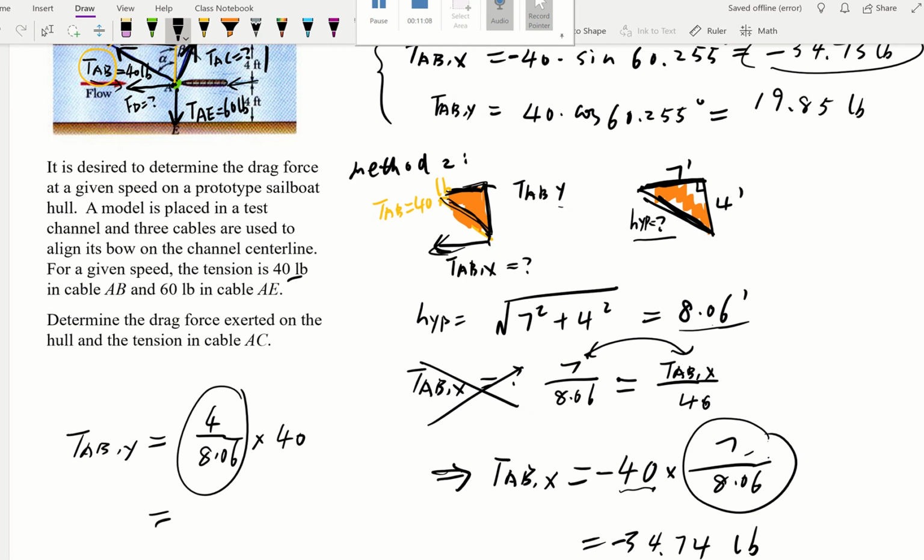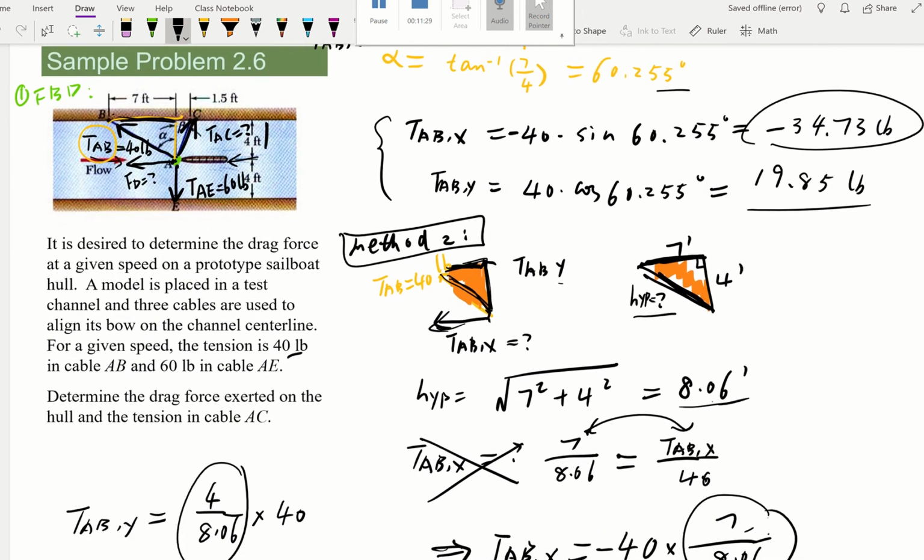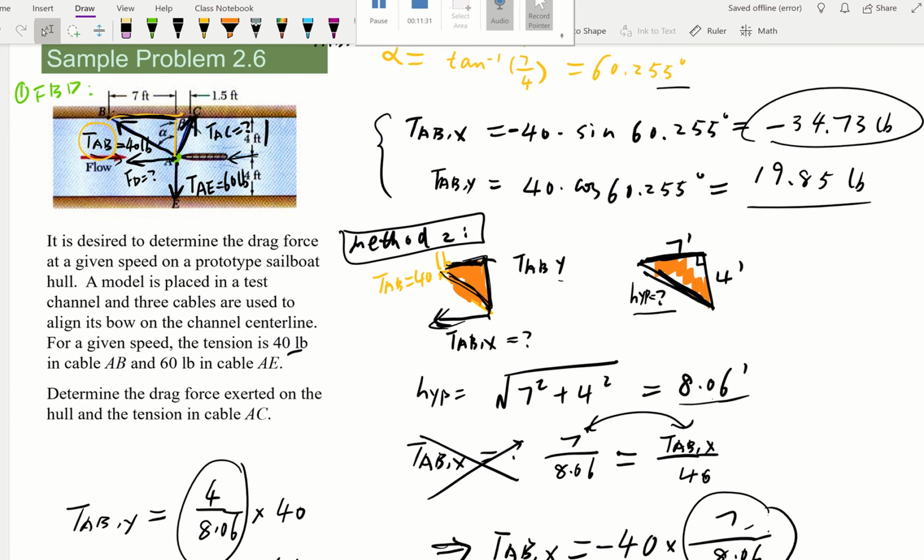Then you see how quickly this is going to be instead of solving the angle. Then we got 19.85, which is the same as using the angle. So I want to encourage you to go ahead and use method number 2 when the angle is not provided, instead the geometry is provided. Okay, so then you got the TABx and TABy.